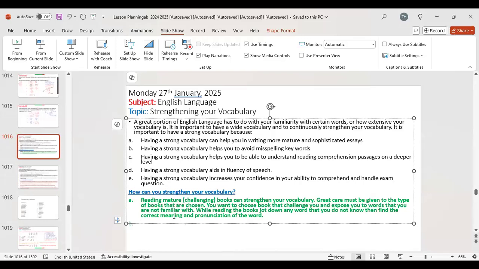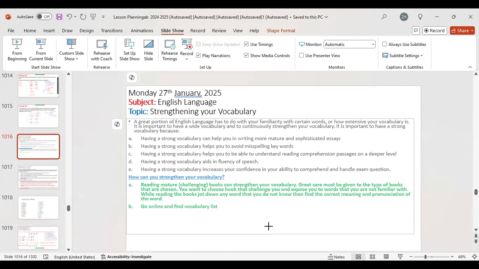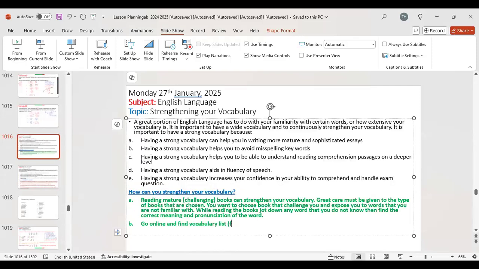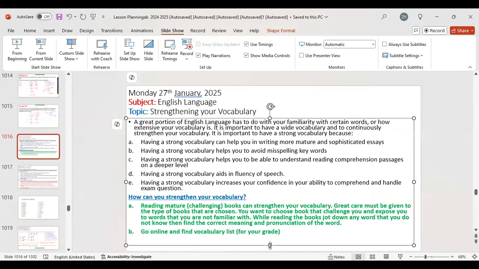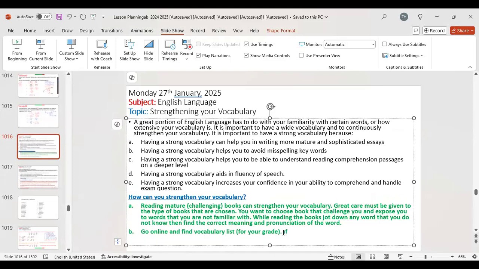You want to go online and find vocabulary lists. You just type in vocabulary list for your grade, right? And if you go on it and the words are too easy, then you just go to another grade.